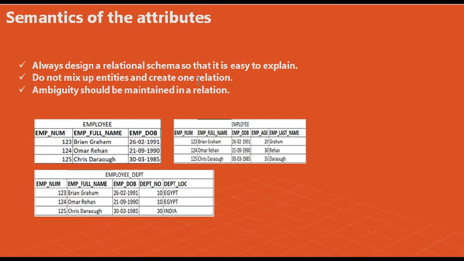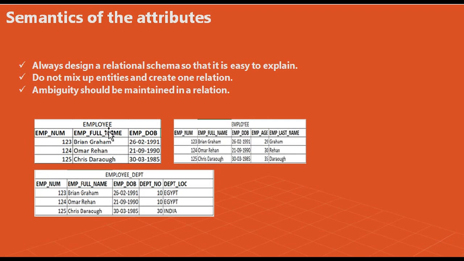Do not mix up entities and create one relation. Ambiguity should be avoided in a relation. The first relation in this database is employee. One can easily understand from the name of the relation itself what kind of information it can contain. The attributes are employee number, employee full name, employee date of birth. So all information related to employee is present there.